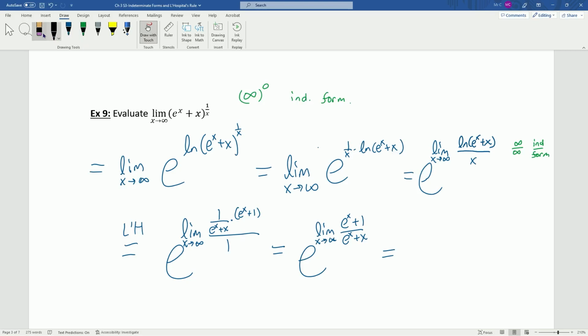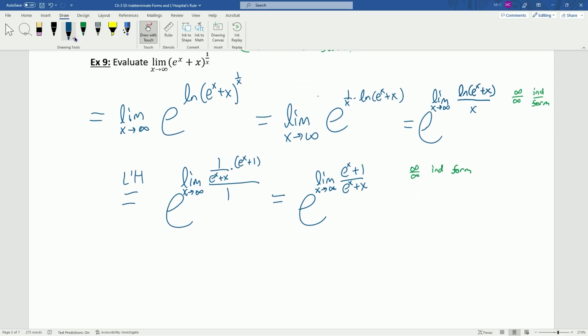And, well, what do I see here? Before I move forward, I see, oh, I have another infinity over infinity indeterminate form. Which means I can apply L'Hopital's rule again.